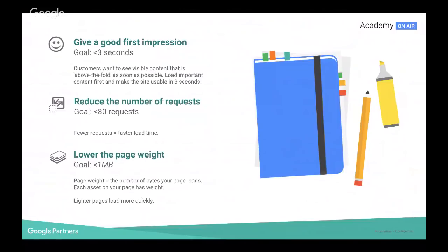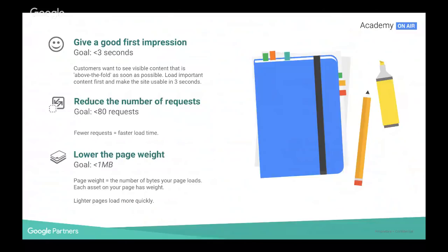Try to set up a goal of, say, less than 3 seconds for 4G or less than 5 seconds in 3G. Make sure that the website is interactive and, at least above the fold content, which means the moment you load your website without scrolling down, if the content really loads well within 3 seconds, chances are that the user will stay back. Make sure that that is a goal that you set for all pages across your website.